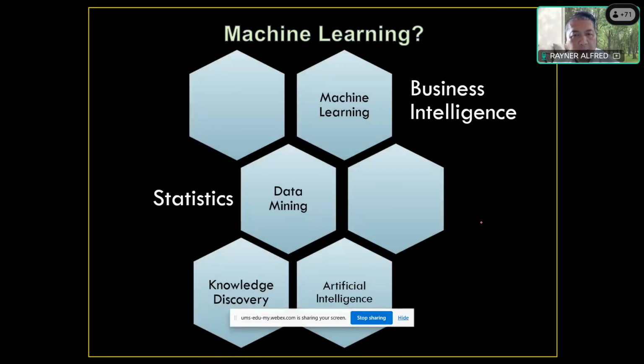So these are the terms: machine learning, data mining, statistics, knowledge discovery, AI, and business intelligence. So by today, you should be able to differentiate between machine learning and other terms that you have heard before. Okay, you have taken statistics, right? You also have taken data mining and AI, right?